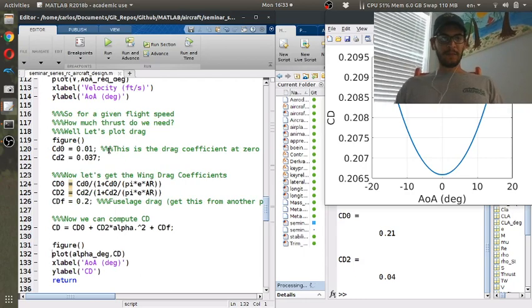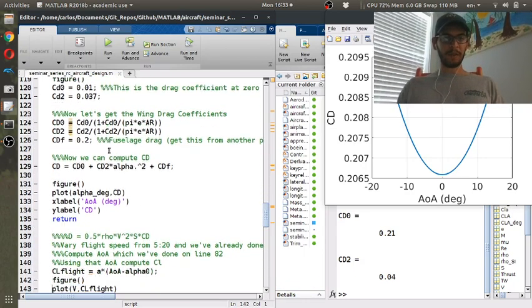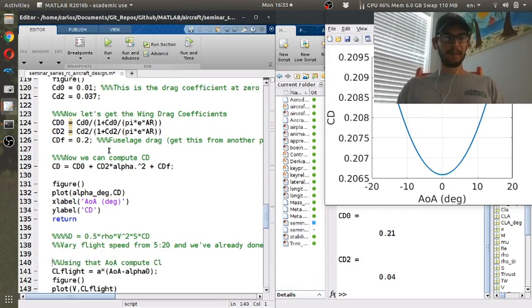And again, that's just kind of a hard parameter to estimate. So once you do that, what you can do is vary the flight speed here, 1/2 rho V squared S CD. And so I'm going to vary the flight speed from 5 to 20. We've already done that.